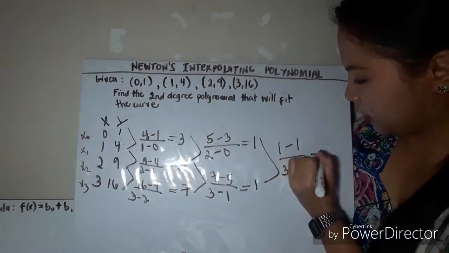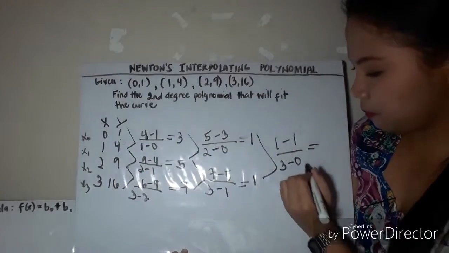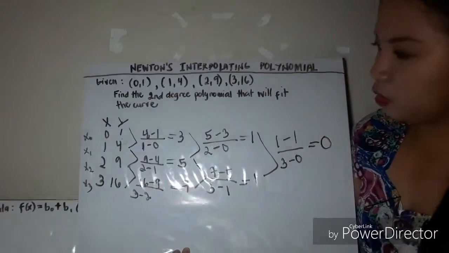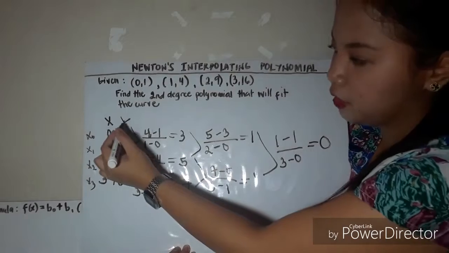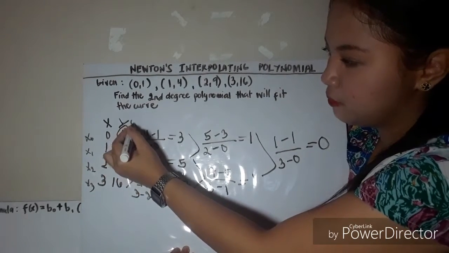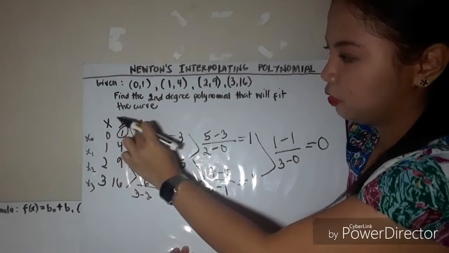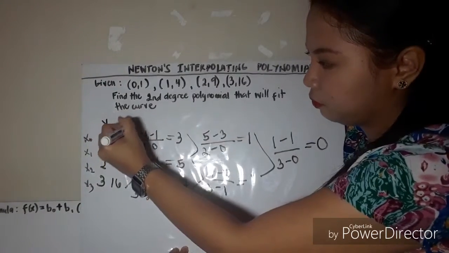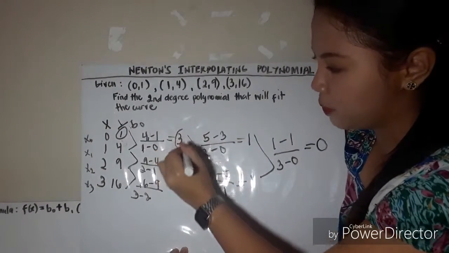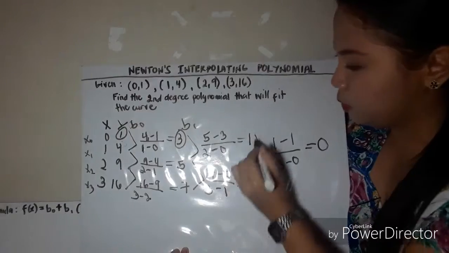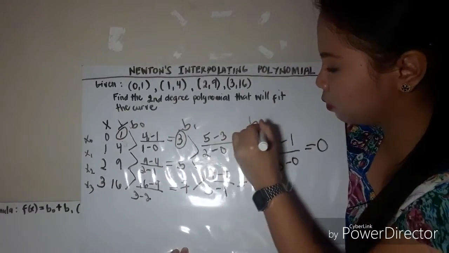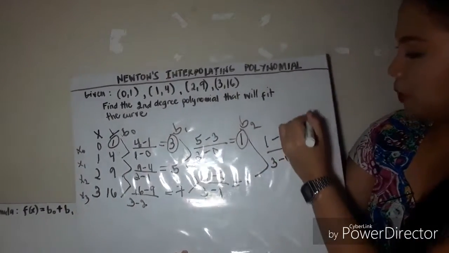By calculating it, it will become 0. So remember, this is our b sub 0, this will be our b sub 1, this will be our b sub 2, and this will be our b sub 3.